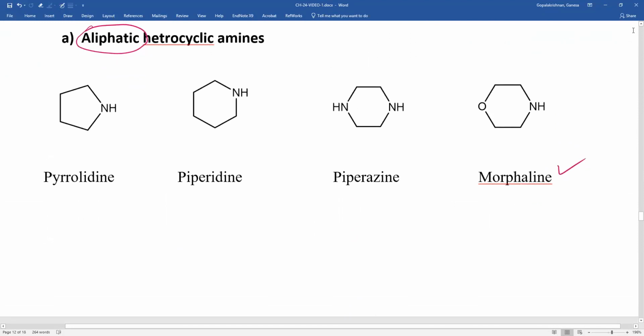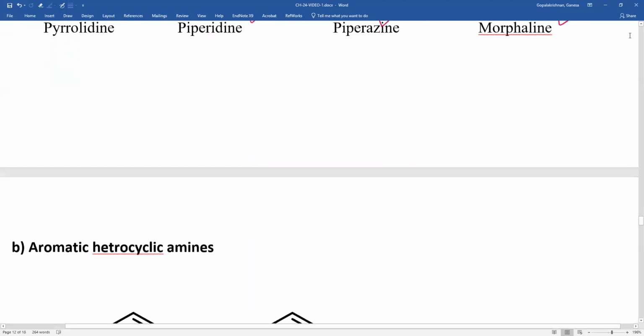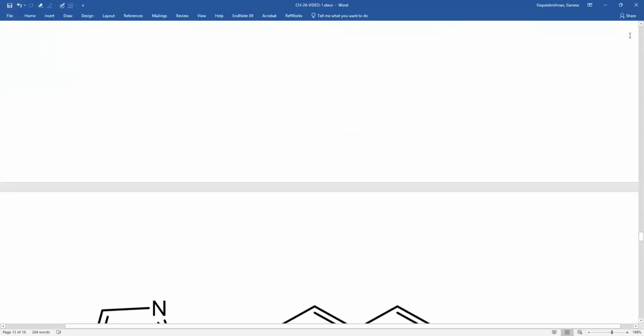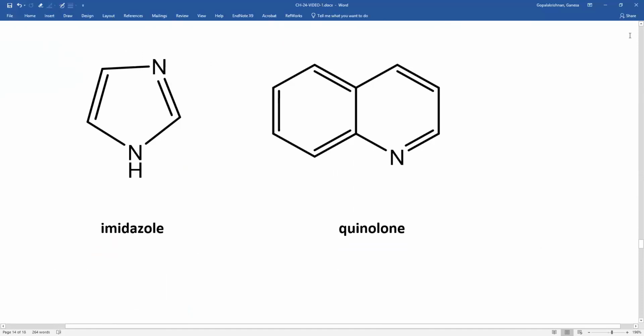But these are all good sounding words: piperidine, piperazine, morpholine, pyridine, pyrimidine, pyrrole, imidazole, quinoline. In case you get a girl in the future, you want some names, you can pick up some names from here, show your organic chemistry talent.